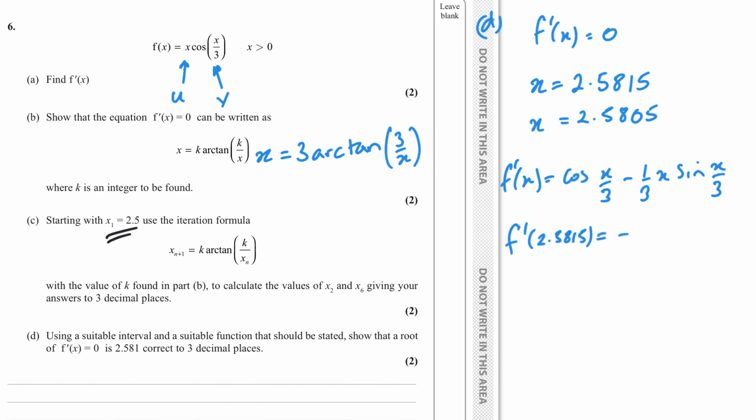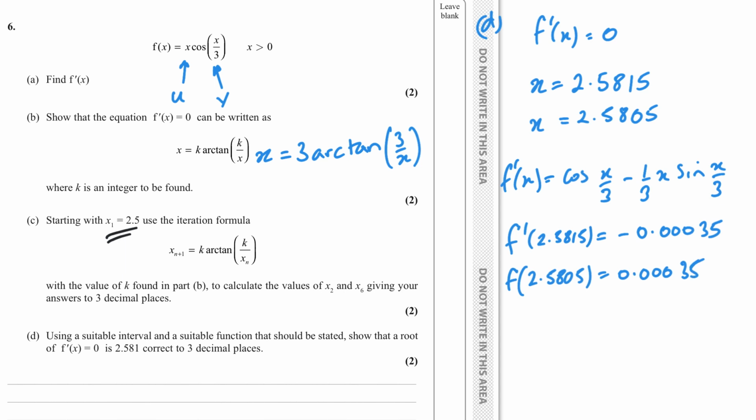So here I get negative 0.00035, and then with the second one, which is 2.5805, I get 0.00035, pretty much the same there.